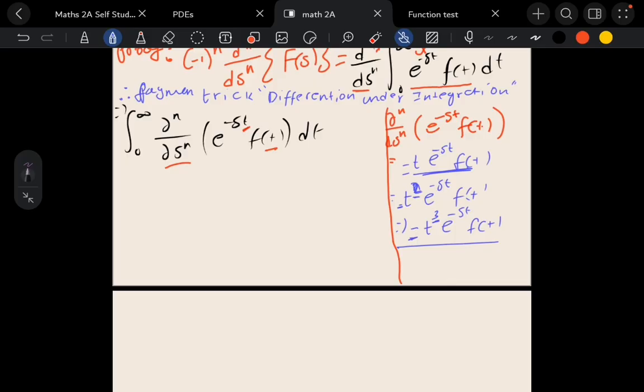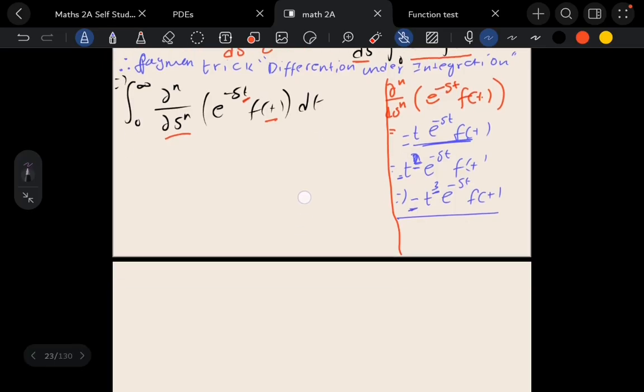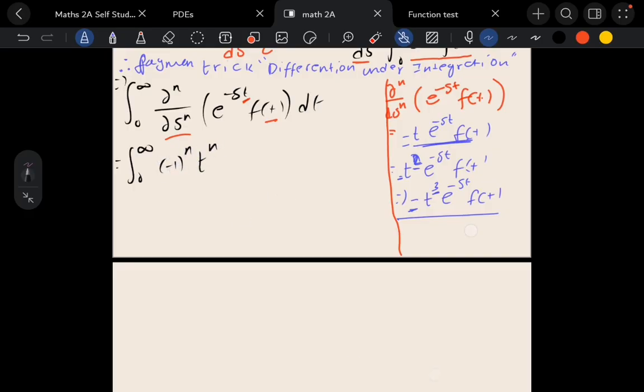So we can conclude that when you derive this n times, we are going to have the integral from 0 to infinity of (-1)^n t^n e to the power negative st f(t) dt.